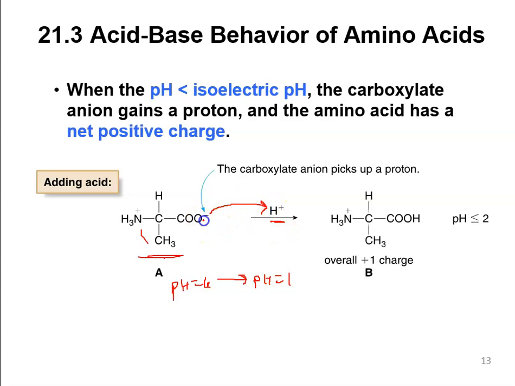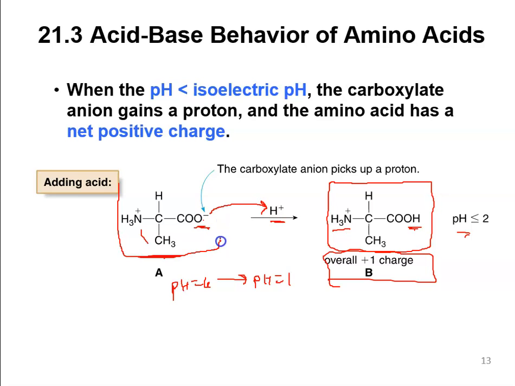I start putting hydrogens on this carboxylic acid, and now it exists in this state. I still have an NH3 plus, but notice all of my O minuses have been capped off with a hydrogen. And again, I'm at a pH lower than 2. So now I have an overall charge of +1. So I can take the zwitterion at the isoelectric point and alter the actual charge on it.